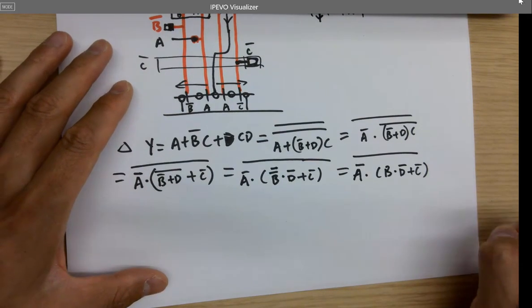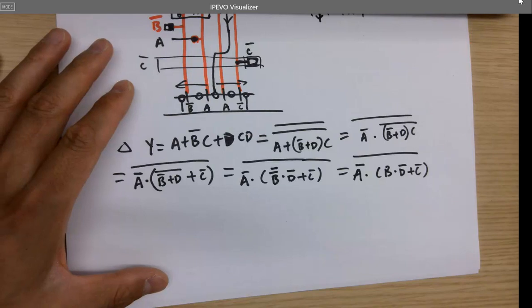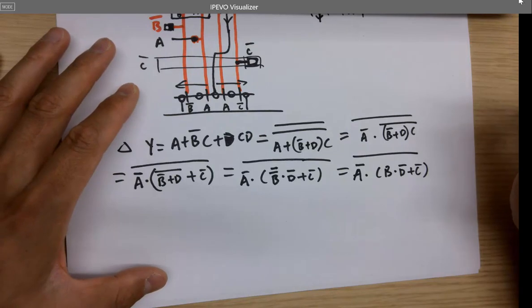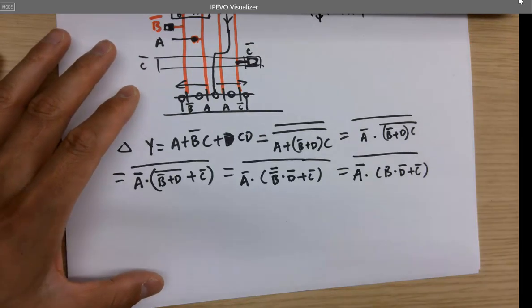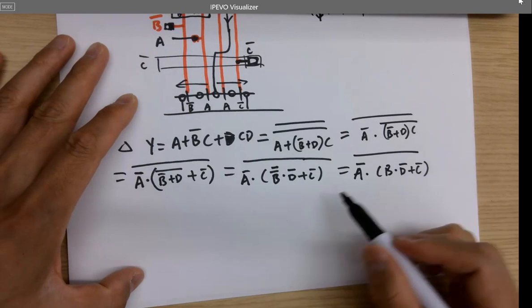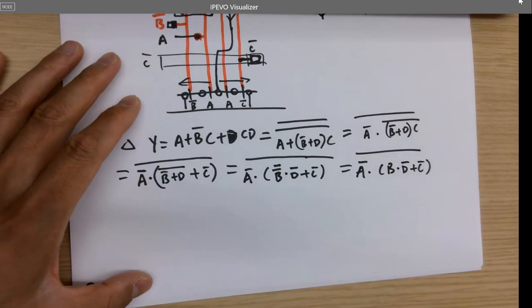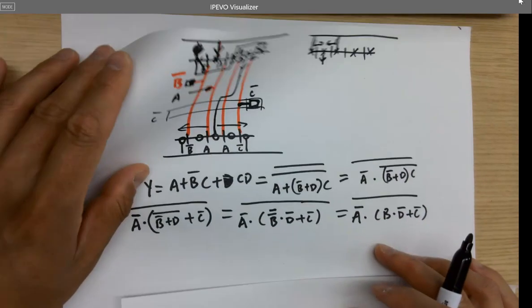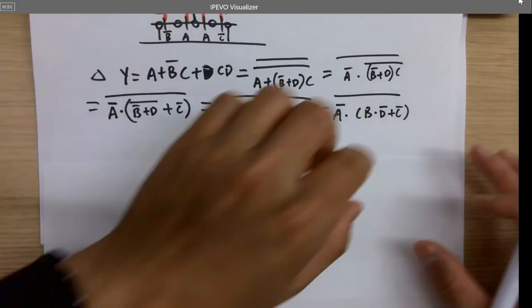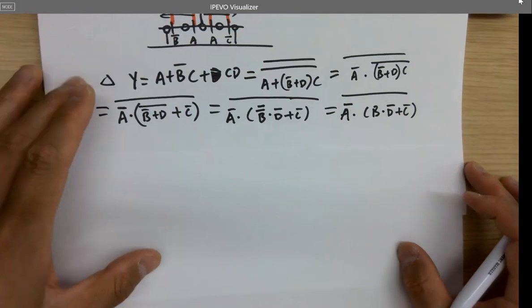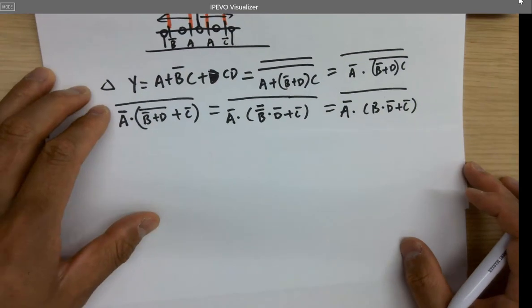But I got 2 bars on C and D. Let's start working on the layout from this point. What about that? Okay, we got a bar on top, which is great. So we're gonna start looking at the logic.